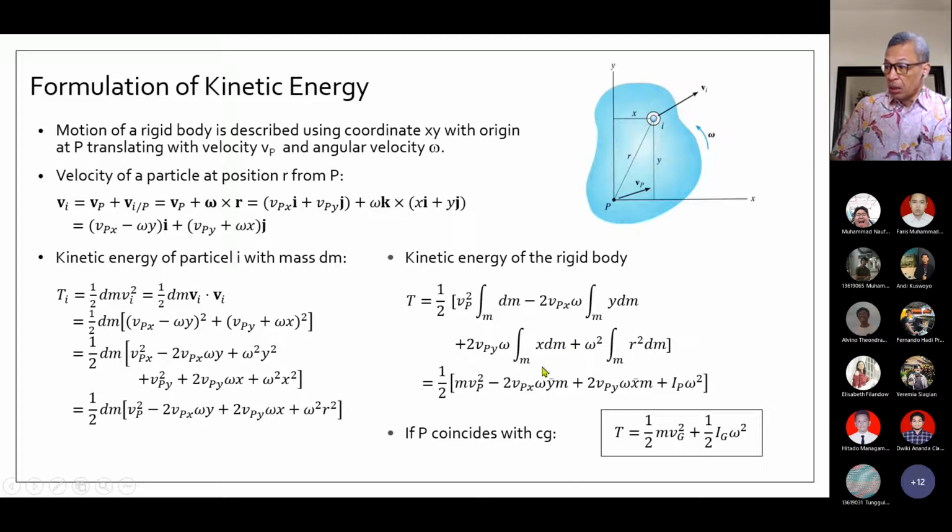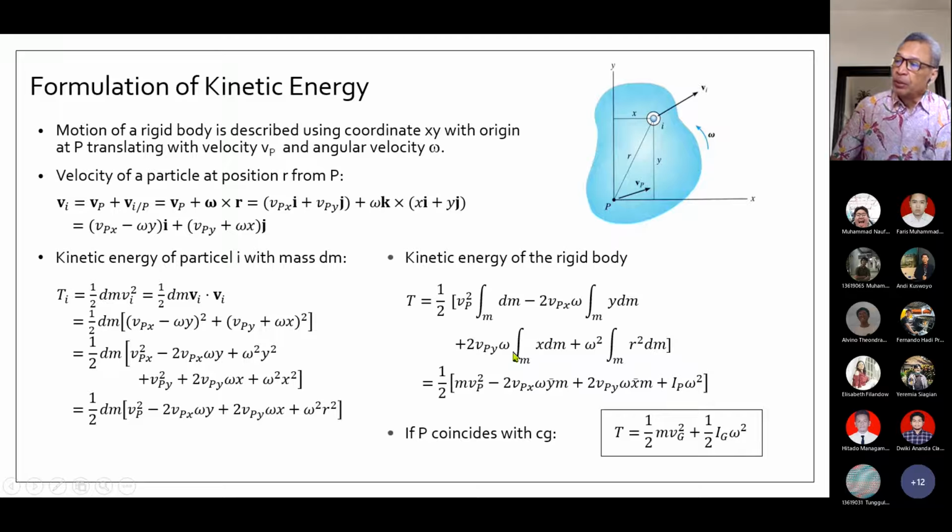Actually, the formulation of kinetic energy depends on the velocity of our reference, the translation velocity Vp, the angular velocity of that rigid body omega, and the cross product between the two, V and omega.